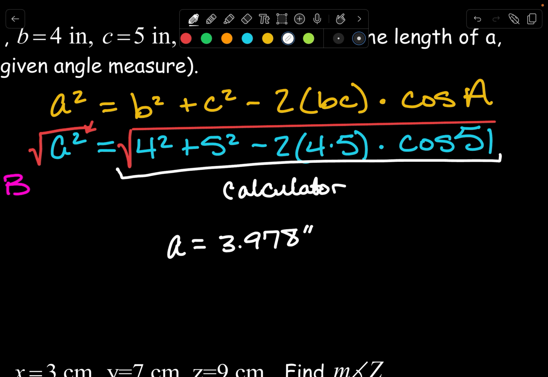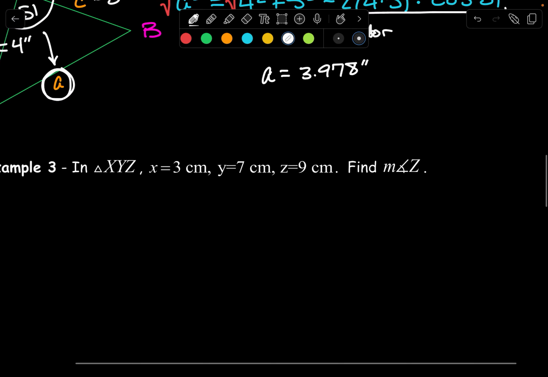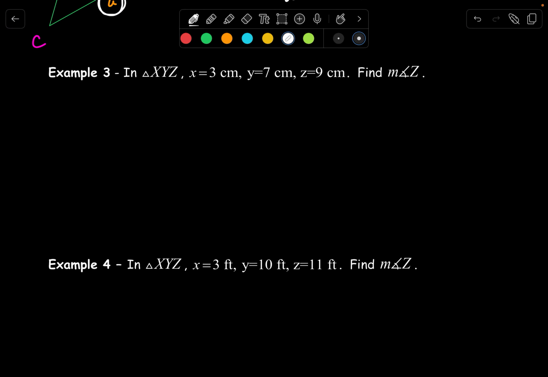For question number 3, it says in triangle XYZ, here's X, here's Y, here's Z. Find the measure of angle Z. So in this situation, they give us a triangle, and that triangle is X, Y, Z. And they give us the 3 sides, so make sure you put them in the correct spot.